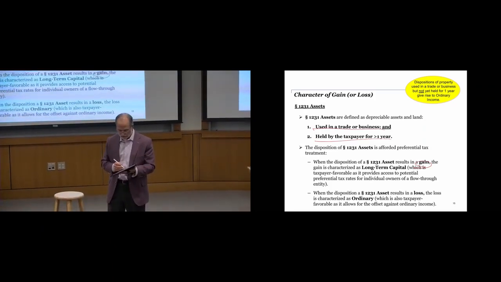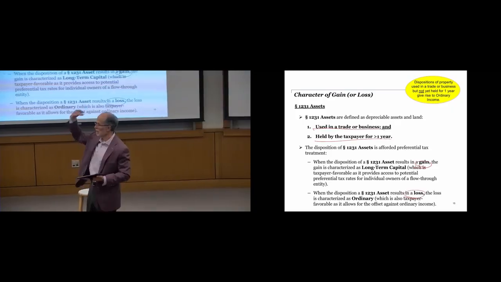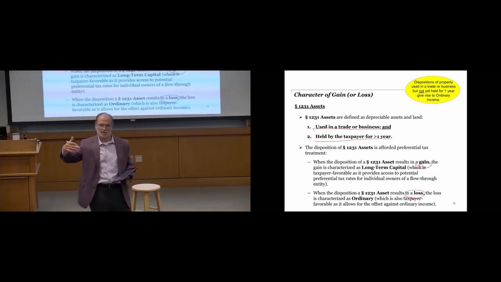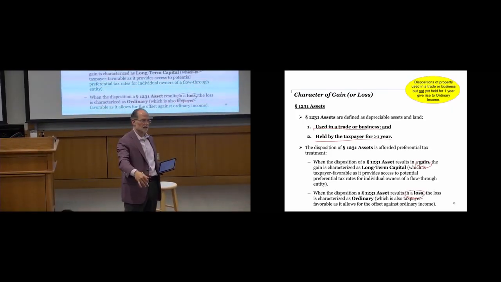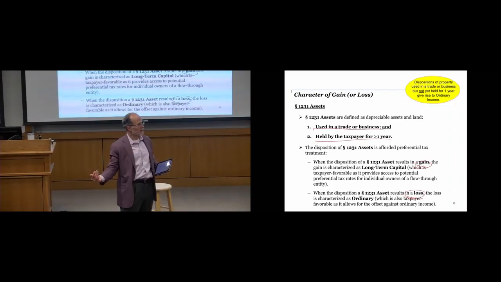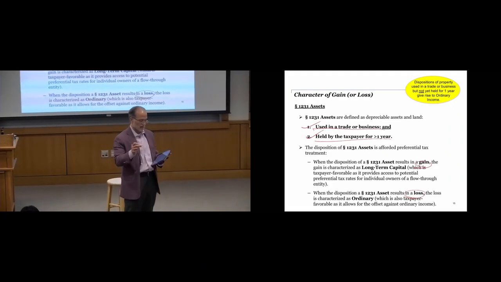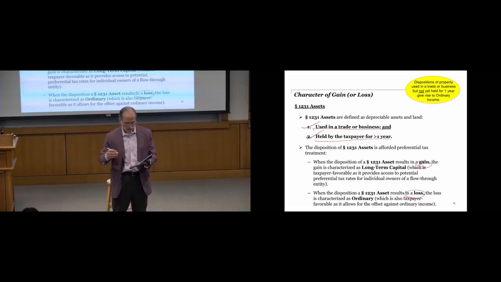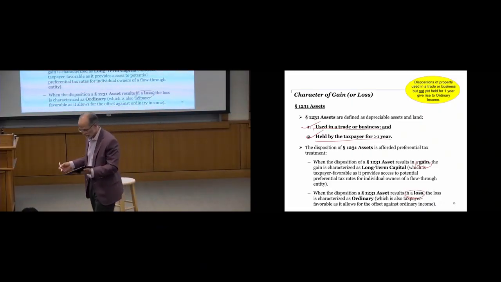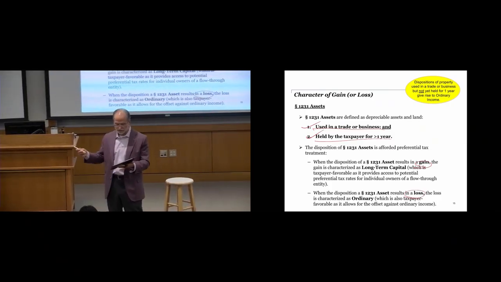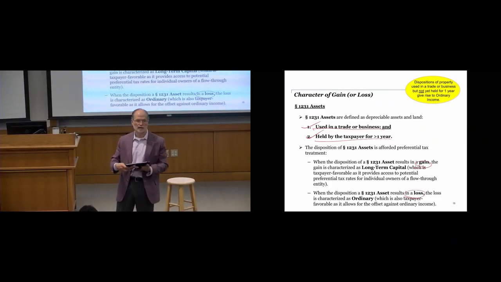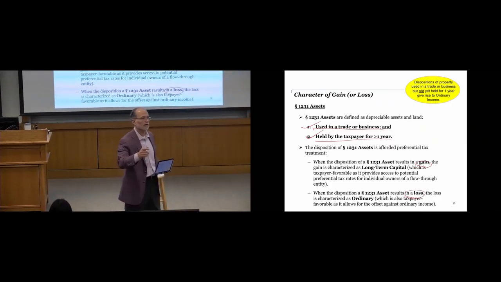Okay. If the disposition results in a loss, so my amount realized is less than my adjusted tax basis, realized loss recognized on my tax return, it's a 1231 asset, it's used in a trade or business, held more than 1 year, then that's treated as ordinary. That's going to be taxpayer favorable as it allows for the offset of ordinary income. Now that one is going to be important for the individual owner, right?